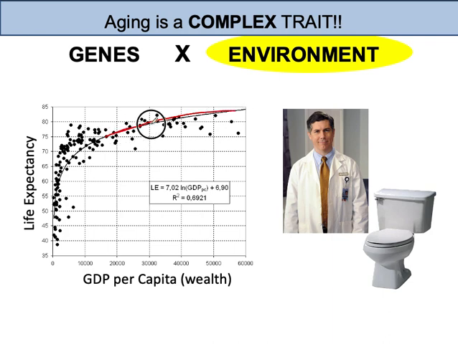The curve kind of flattens. And with increasing wealth, there's not as much of a dramatic increase in life expectancy. And so you might wonder, why is life expectancy correlated with GDP? Well, it's related to things like access to higher quality medical care, as well as higher quality hygiene.